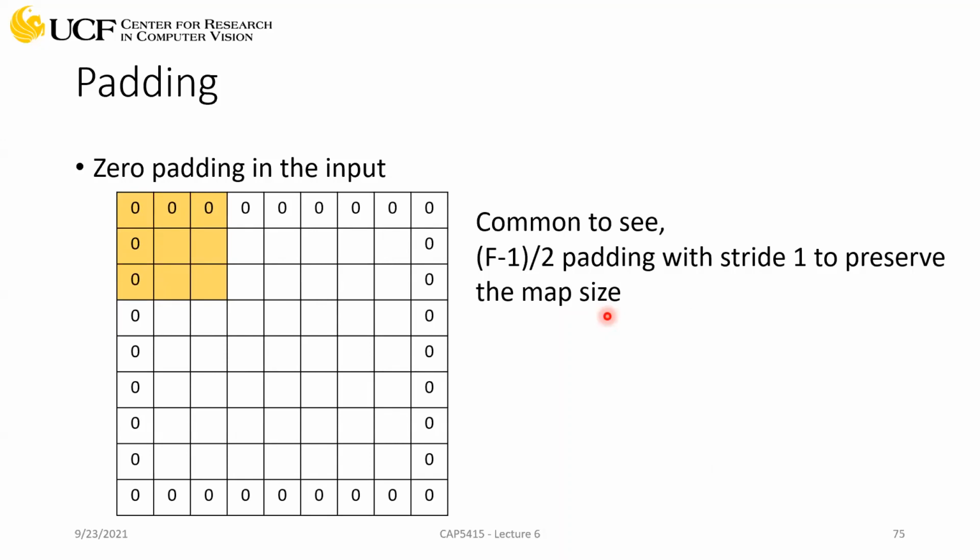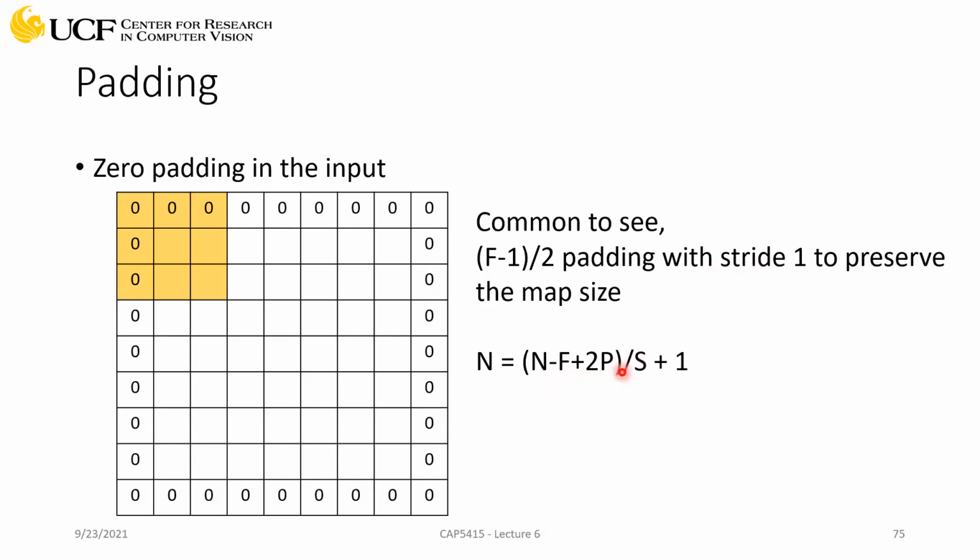Now, the most common thing when you want to do that preservation is we use a stride of 1, and we also use a padding of 1. If you use a padding of 1, then the kernel shape should be 3x3. So we can actually try to figure out the size of a kernel if you want to preserve the resolution.